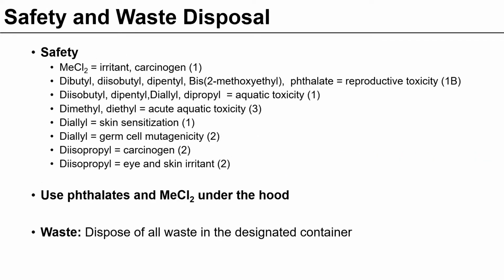All right, last thing to discuss here is safety. So we're using dichloromethane, and it's a pretty nasty compound, so we want to use it in the hood. You don't want to spill it on yourself. Always wear gloves and goggles. If you do spill it on your gloves, take your gloves off right away and swap them out for clean gloves, because it can go through nitrile gloves if given enough time.